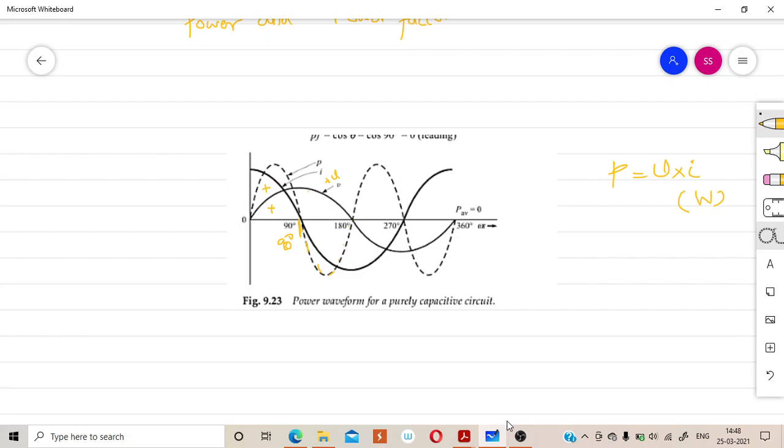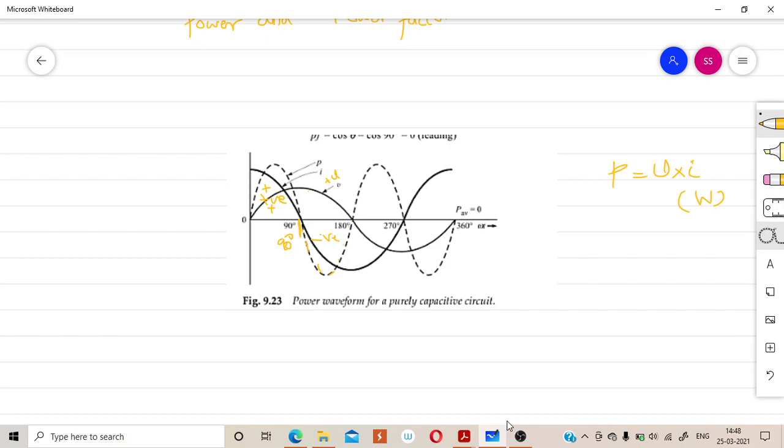Now you can say that this is symmetrical about the x-axis. So if you find out the area over the entire cycle, then you will get positive area and negative area, and both are equal.